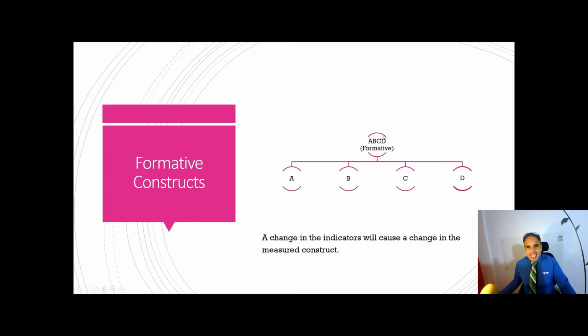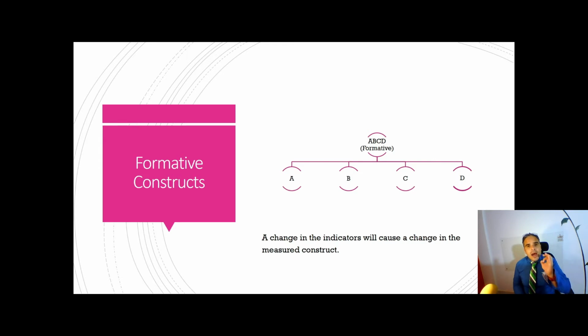That's not the case in the reflective indicators. In the reflective indicators, you can remove any. I gave you the example of organizational culture, which is what I studied. Organizational culture, according to some literature, like Jung et al. 2009, who have done a review of literature, may have up to 100 subconstructs or indicators.